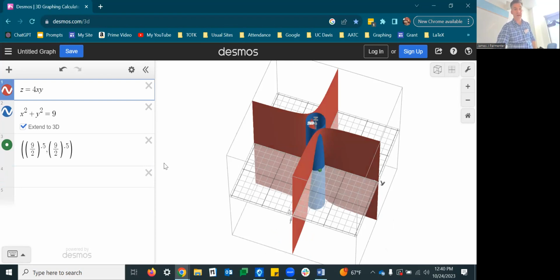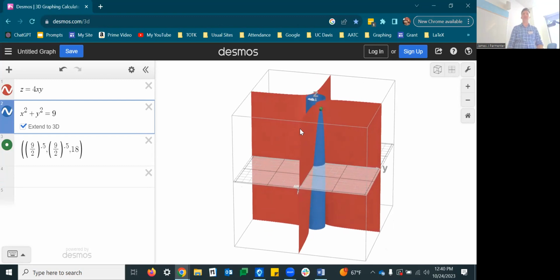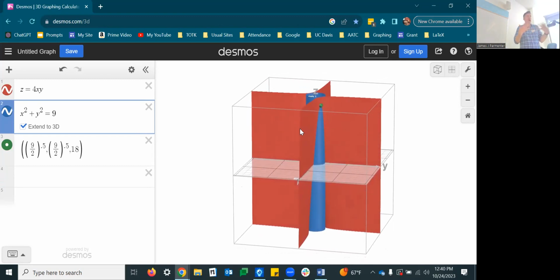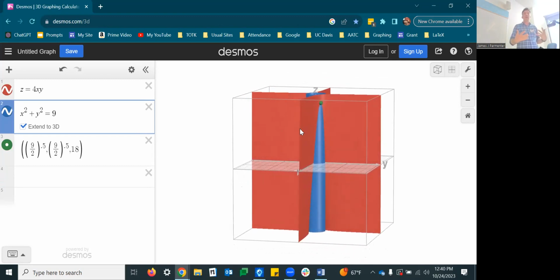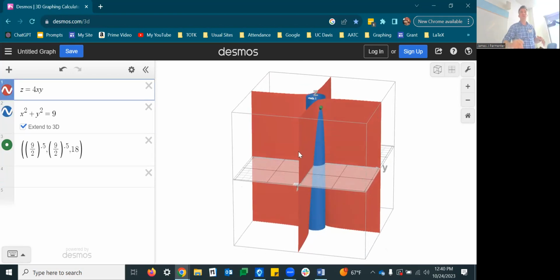And if we throw in a z value of 18, look at that. Right where we thought it was supposed to be. So really, the thing we talked about before really does make sense. You're saying on this red surface, restricted to the blue equation, where does this function have a maximum or a minimum? Awesome. I love this. This is great.